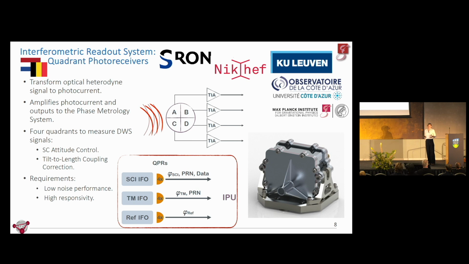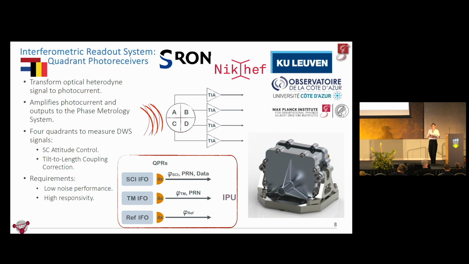We use quadrant photoreceivers to be able to measure the DWS signals. So just a quick reminder, if we have the wavefront, one of the wavefronts that is falling on such a quad photodetector tilted, we'll see either advancement or delay of the phase read in a particular segment, and that reflects the tilt, so pitch or yaw of the incoming wavefront, and indicating the tilt on the far spacecraft, for example, or the test mass.